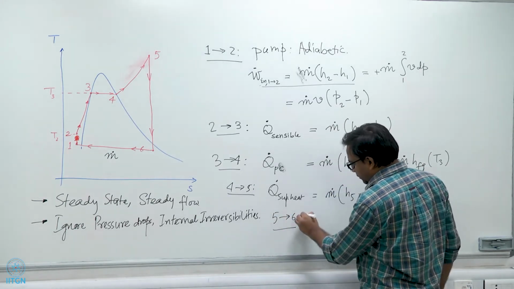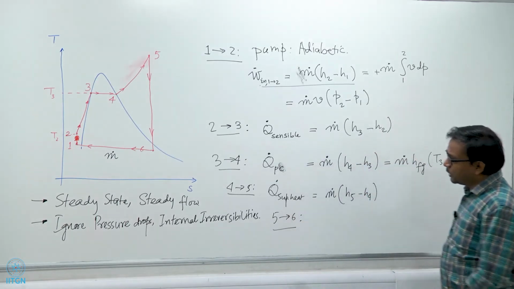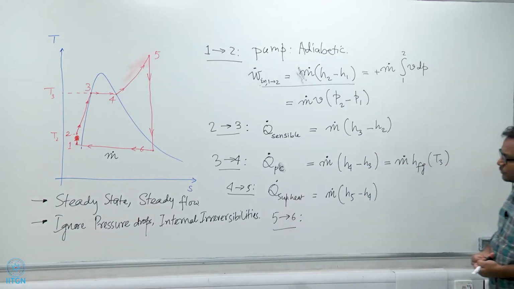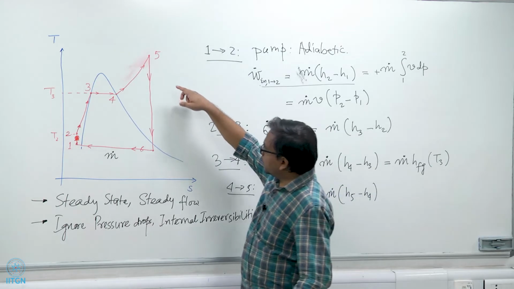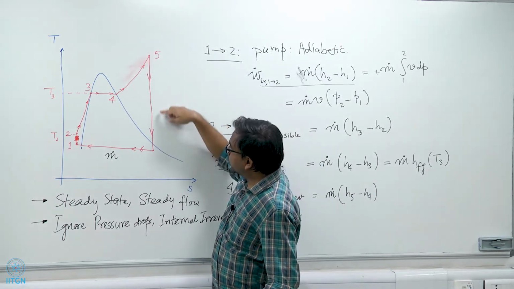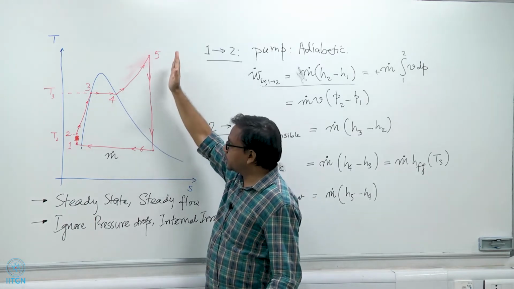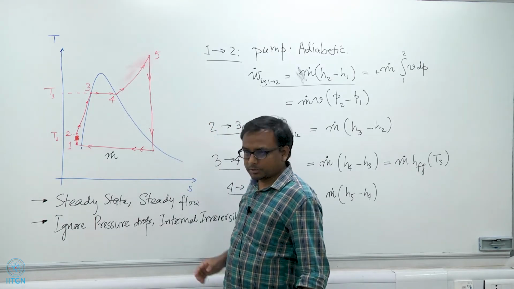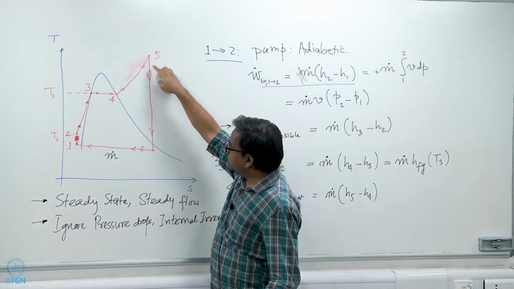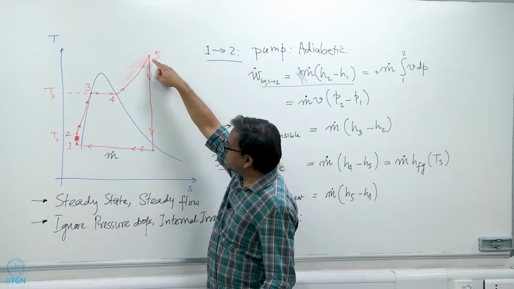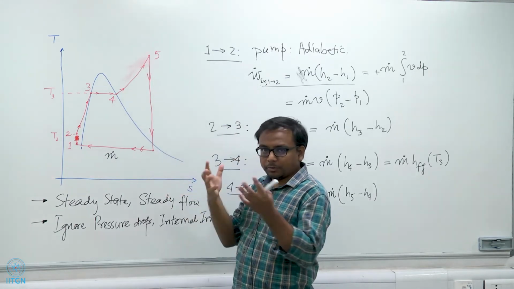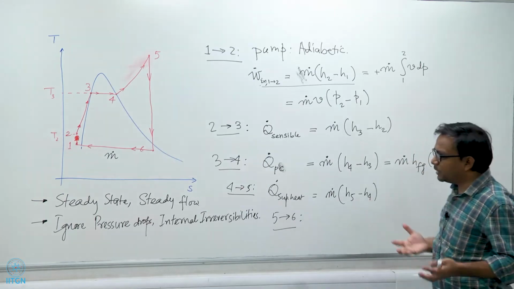Then we have 5 to 6. So, 5 to 6 is a process which is going on in the turbine, and in 5 to 6 you see there is no heat addition. So, this we are going to assume as being an isentropic process. That means we are assuming that the vapor is expanding inside the turbine isentropically, that is, adiabatically and reversibly.